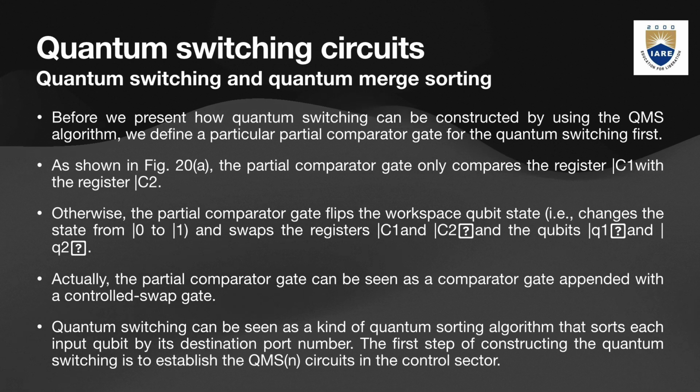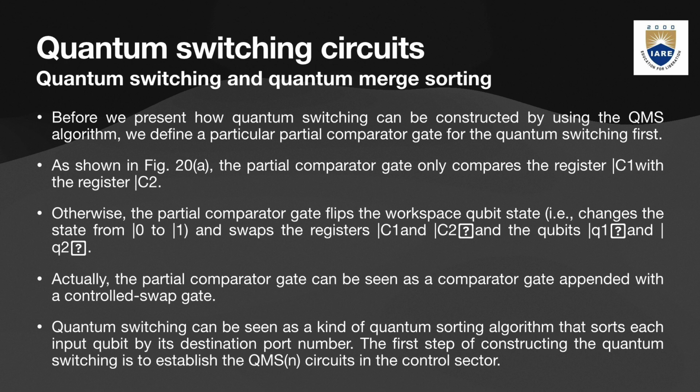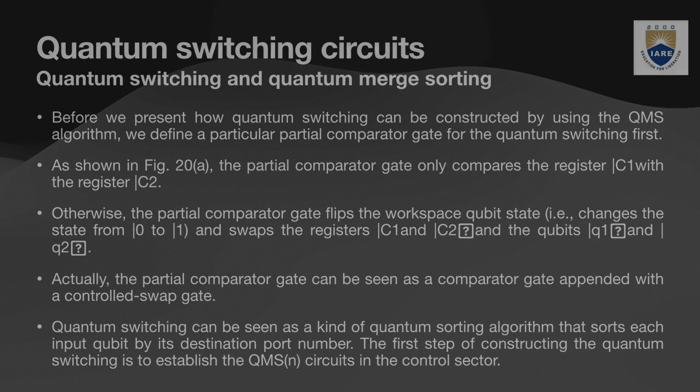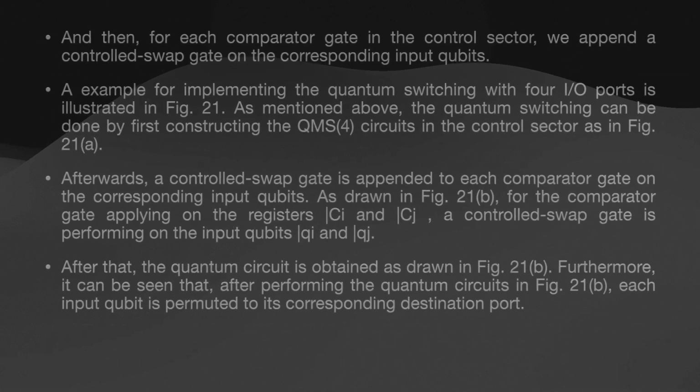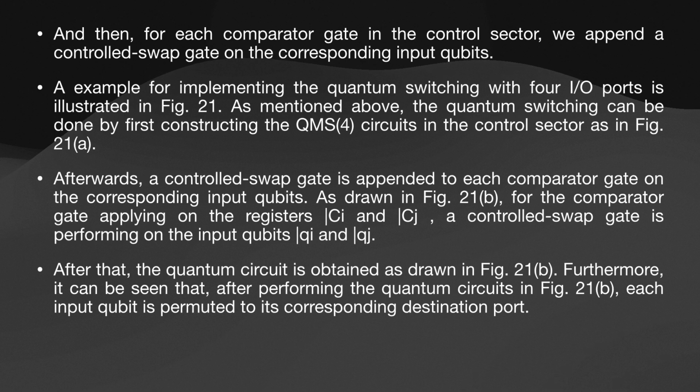Quantum switching can be seen as a kind of quantum sorting algorithm that sorts each input qubit by its destination port number. The first step of constructing the quantum switching is to establish the QMS circuits in the control sector. Then, for each comparator gate in the control sector, we append a controlled swap gate on the corresponding input qubits.